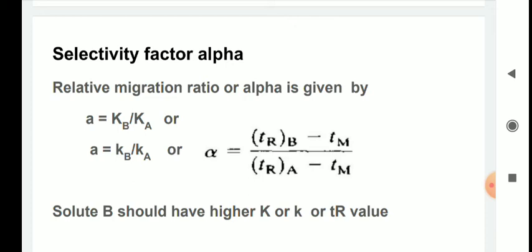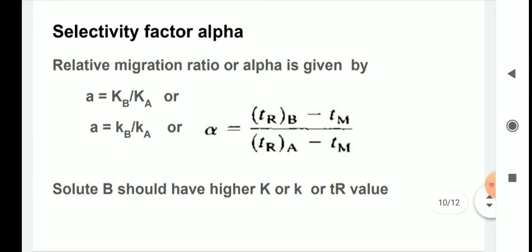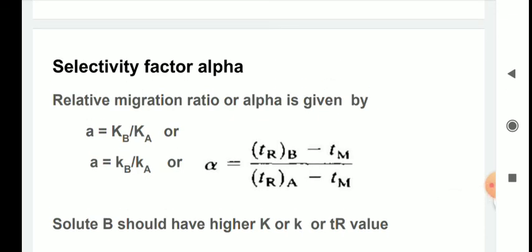You can also calculate the selectivity factor using the retention times. Alpha value for our components B and A is TRB minus TM upon TRA minus TM. You can have alpha values for various components. If you have three components, say A, B and C, you can have alpha AB, you can have alpha BC, you can have alpha AC. So you can have the selectivity factor for pairs of components.